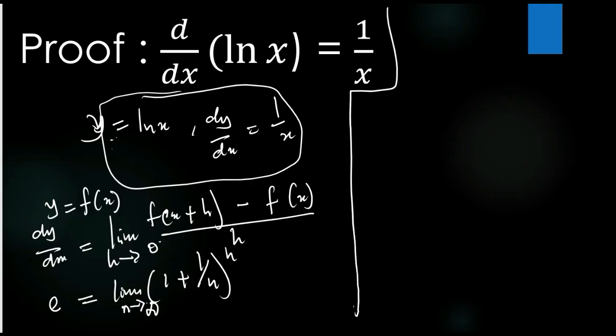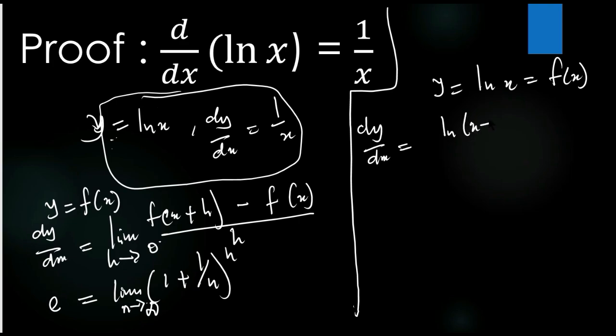Now, we've said that our y is ln x, which is equal to f of x. My dy/dx is the same thing as the limit as h tends to 0 of ln of x plus h minus ln x, over h.